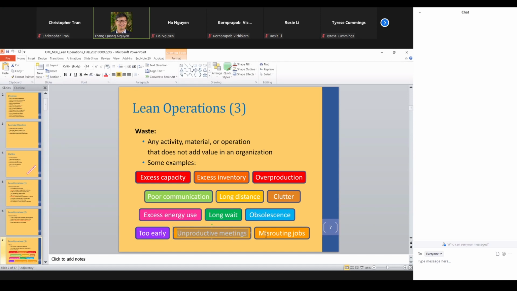Misrouting job is another form of waste. Let me tell you two stories of my own experience about misrouting jobs. I bought a shirt at Amazon.com, and it said it was delivered, but I could not find it, right? So after 5 or 7 days, my neighbor brought the shirt over. Turns out that the shirt was dropped in the wrong porch.